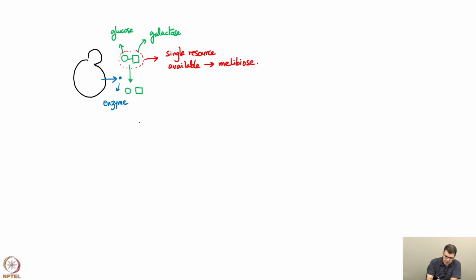But post this hydrolysis, we have created an environment where there are actually not one but two resources now. And the availability of these two resources creates an opportunity for diversification to take place.